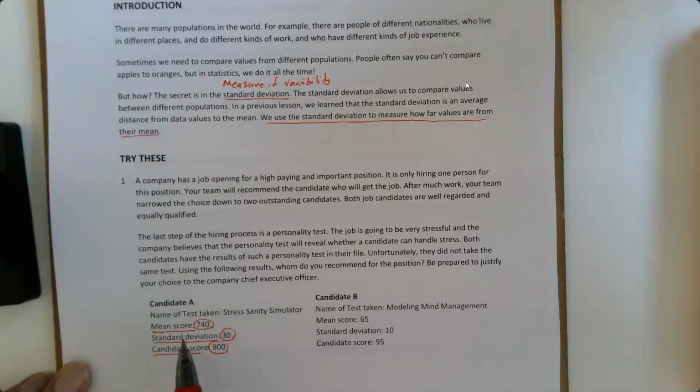So again, for this test, the mean, the typical value, is 740. It means that they ran this test before, throughout the years, and what they got is that a typical score for this test is 740.